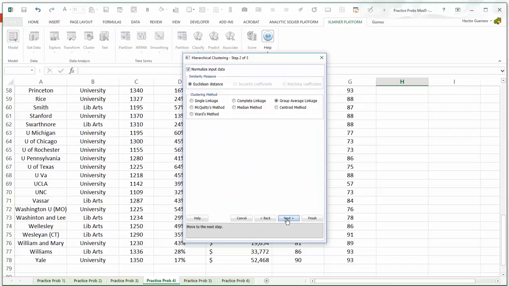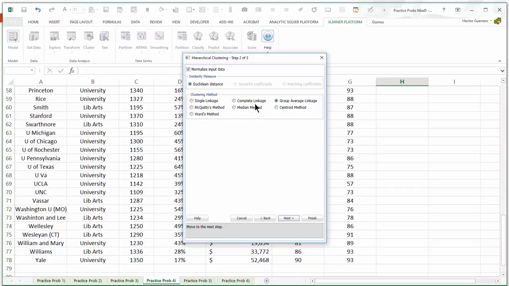I go to Next. I normalize my data. It's always wise to normalize data. The author talked about why that's the case. Comparing things on different scales sometimes makes for problems, so normalization of data is important. And I'm using Euclidean distance, and the clustering method is group average linkage.